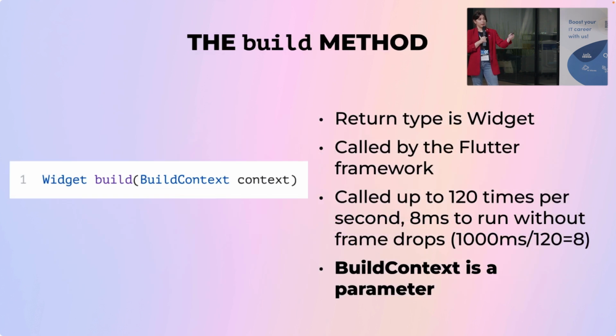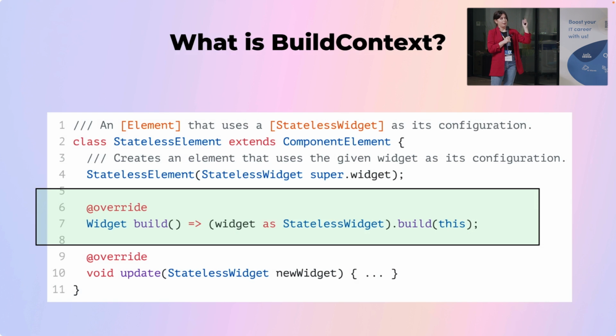And returning back to the fact that BuildContext was passed as a parameter to our main function build, we can see then in the element, this is the same for other types of element, but since we're speaking about stateless elements, for stateful element, basically it has its own internal build method, and when that is called, it takes its widget field, it calls build on it, and passes itself into this build method.